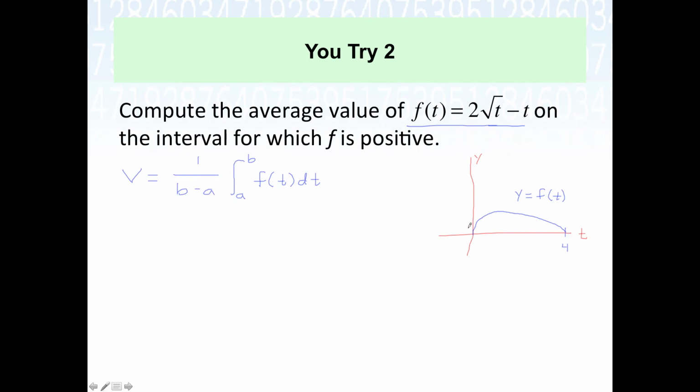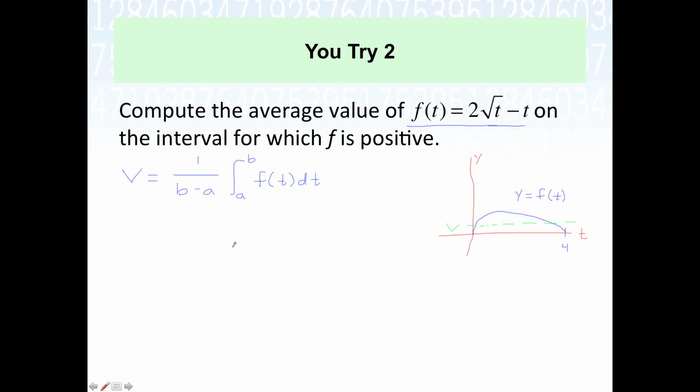And then the average value that we're trying to compute would be some constant height that goes, I'm going to guess there-ish. It's not halfway through the top because there's more area down here. But in any event, this is the V thing that we're looking for and we're not totally sure about yet.